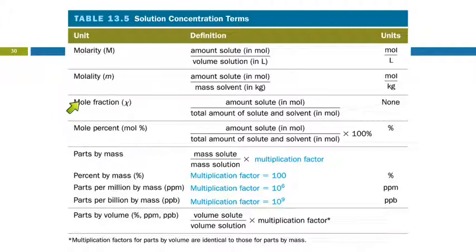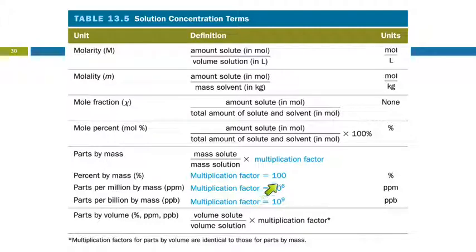If you take the mole fraction and multiply by 100, you get a mole percent. And then we have parts by mass and parts by volume. So parts by mass would be the mass of the solute divided by the mass of the whole solution multiplied by a factor. And so you can have percent, which you multiply by 100.